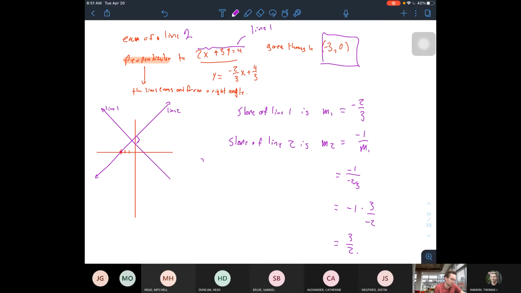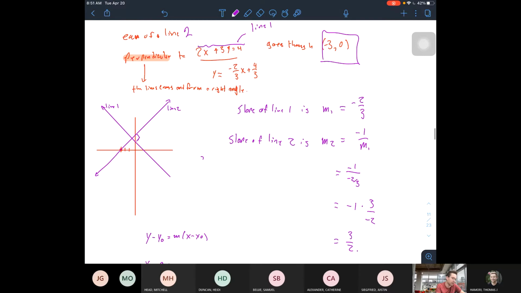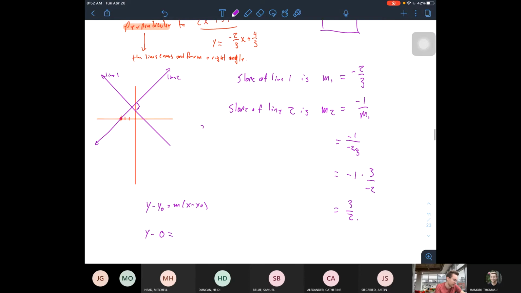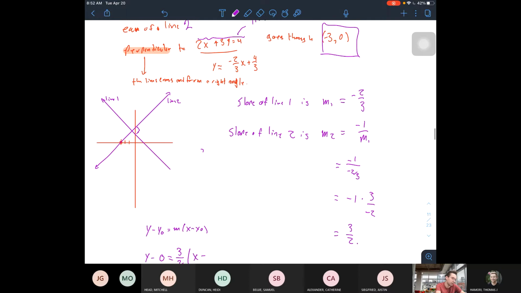Okay, so we have the slope and we have the point, so let's go ahead and use point slope, right? We've got y minus y naught equals m times x minus x naught. Well, I know y naught is 0. That came from the fact that the point -3, 0 has 0 for the y value. And then m should be my new slope, 3 halves, times x minus, what is the x value of this point?